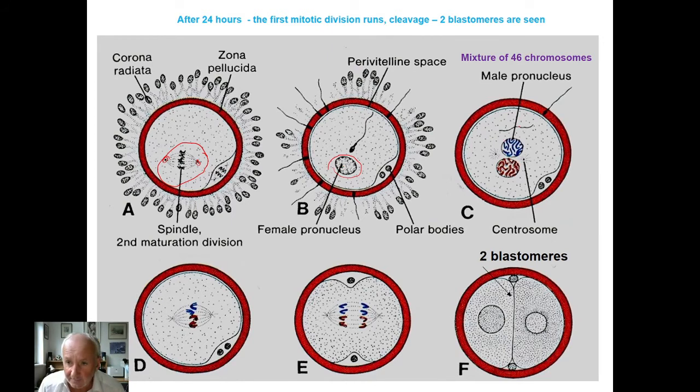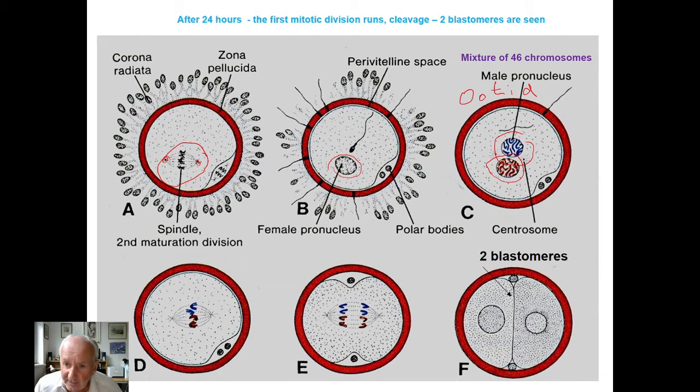Two nuclei: pronucleus of the lady, of the oocyte, pronucleus femininus, and pronucleus of the male, masculinus. At this moment, this cell we call an oocyte. When you see these two pronuclei, it's not yet a zygote, it's an oocyte.